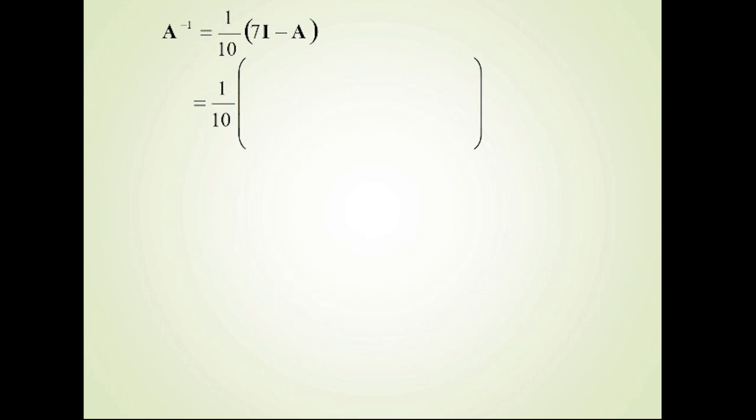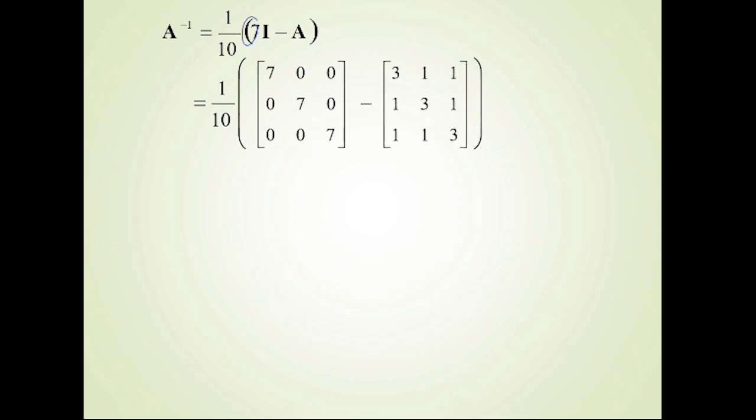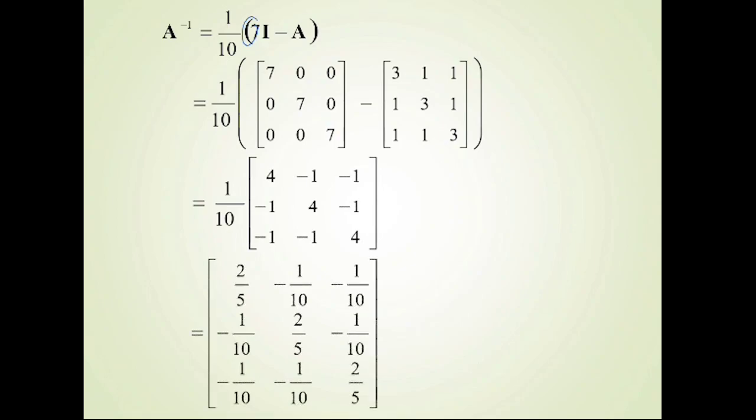You know I is just the identity matrix, and just multiply the scalar 7 into the identity matrix, and then minus matrix A. Subtract these two matrices, and then multiply with the scalar 1 over 10. That's your final answer.